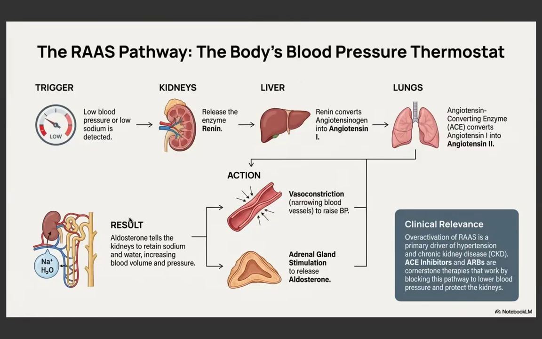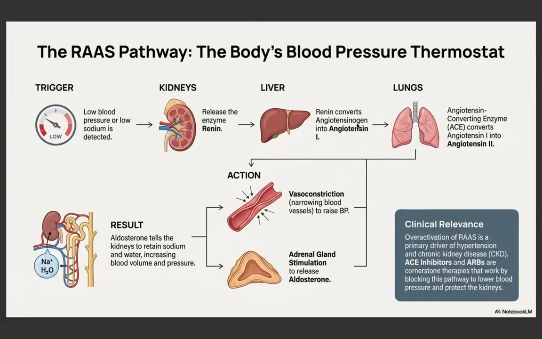So here's the RAAS pathway. Whenever we have low blood pressure or low amount of sodium, it's going to trigger the enzyme renin to release from the kidneys. Then from the kidneys, that enzyme is going to go to the liver, where it is then converted into angiotensin 1.